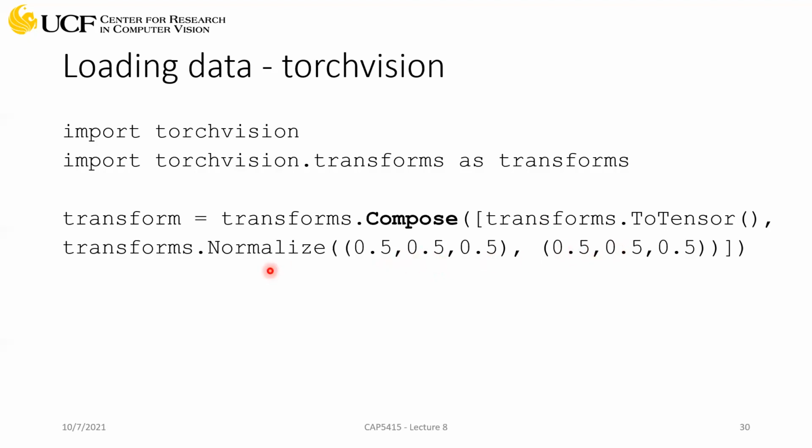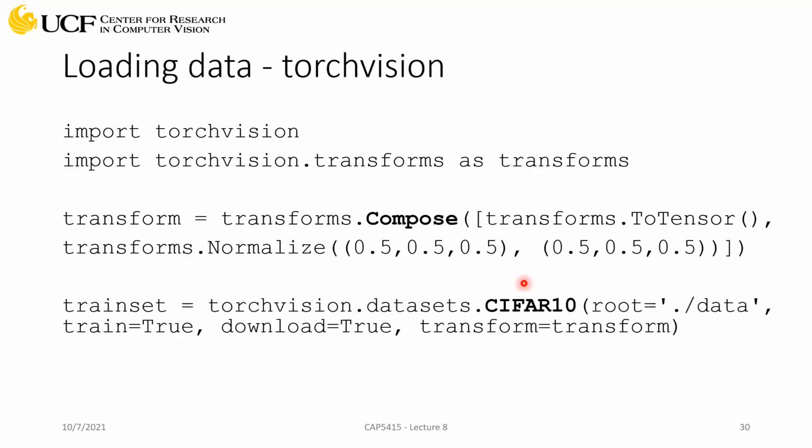But again, it doesn't matter, you can look at the API to see what it actually does. It will normalize your data. If you want your data to be in a certain range, you can use this function. Then if you have composed these transformations, you don't have to perform them manually on each of your data samples. It will be automatically done.